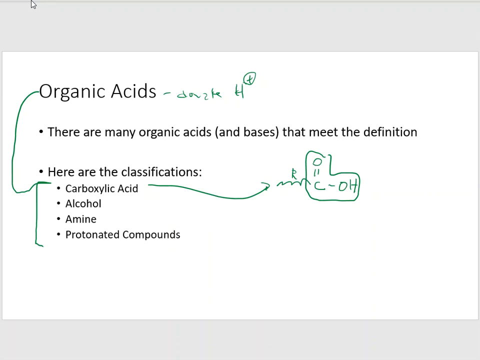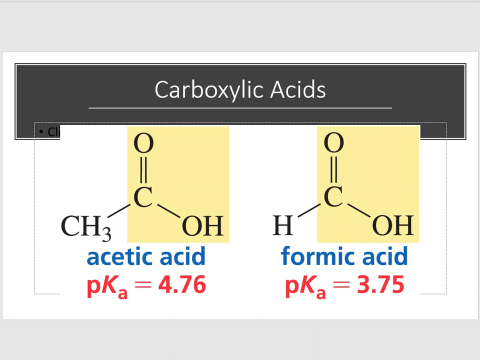So this is the first classification that I want to talk about, and here are 2 examples of carboxylic acids that you would see in a lab, or you would see in organic. Over to the left, we have acetic acid, which is basically vinegar. It's a 5% solution of acetic acid. So that acetic acid is something that you're very familiar with.